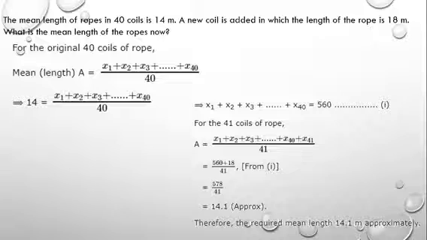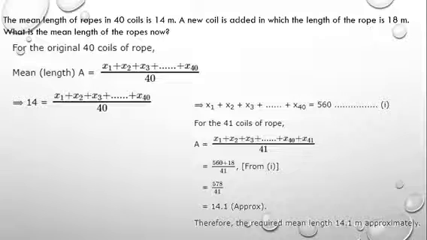But then another coil was added, so rather than have 40 coils, we now have 41. And the addition of the 40 coils was 560. Now that we have added an extra coil, which is 18 meters, it means that the new total length will increase. It will be 560 plus 18. I hope you got that clearly.